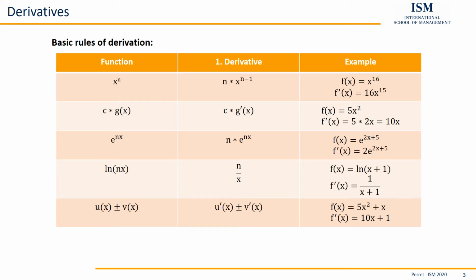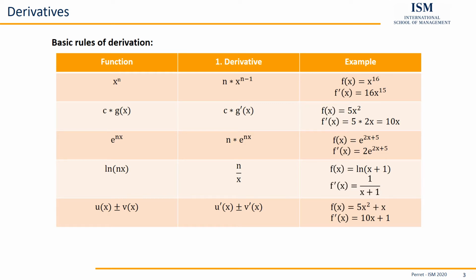Then we have two additional functions, which are the exponential function and the logarithm. The exponential function as such, e to the power of x, always stays the same. So no big deal there. But if I have e to the power of n times x, then I'm basically writing the n in front of this.